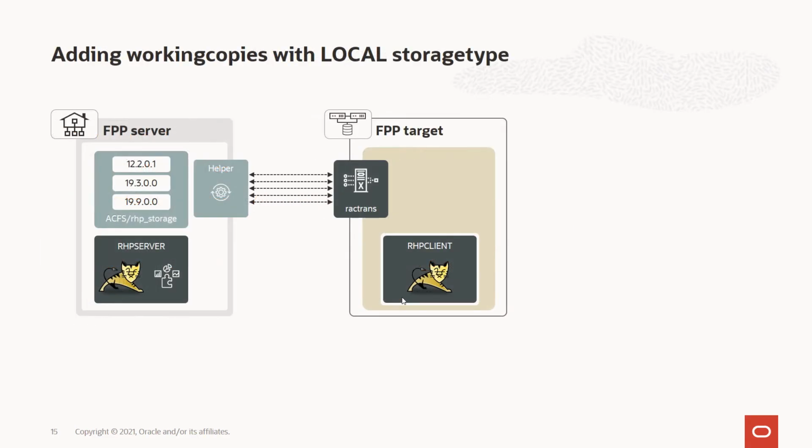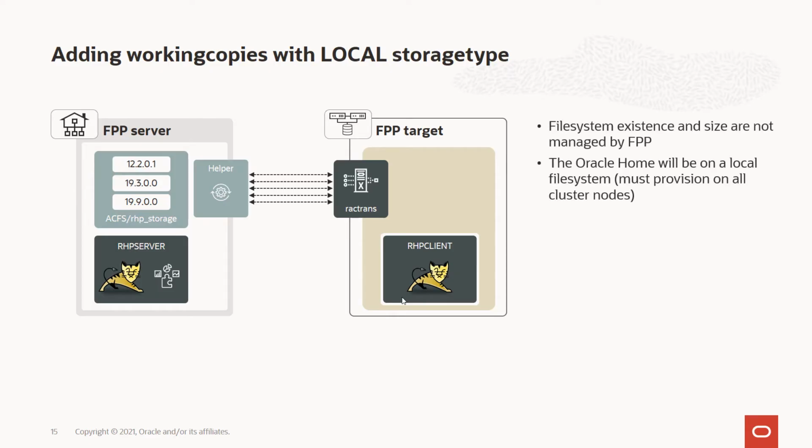When it comes to provisioning the software to the remote targets, the most common way to provision is using the local storage type. And how does it work? Basically, we want to provision the binaries on the local file systems on the remote target. And the existence of this file system is not managed by FPP.